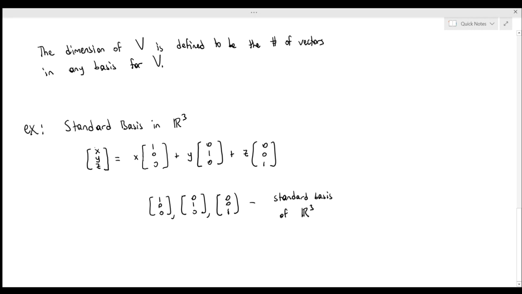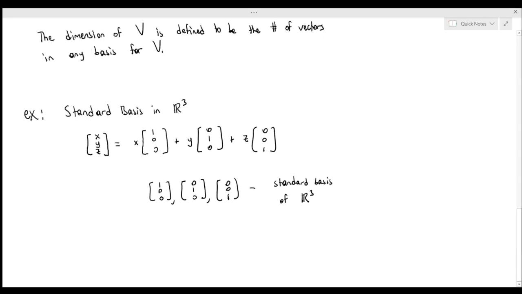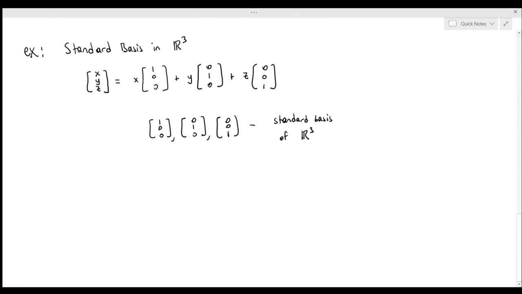Here we see that every vector in R3 can be written as a linear combination of them, so they span all of R3. And then if we set this combination equal to 0, it's easy to see the only way for this to be 0 is for x, y, and z to be 0. So you'd also have a unique solution there, so they'd also be independent. And you can generalize this to the standard basis in Rn for any n.